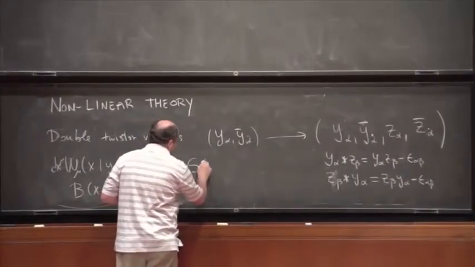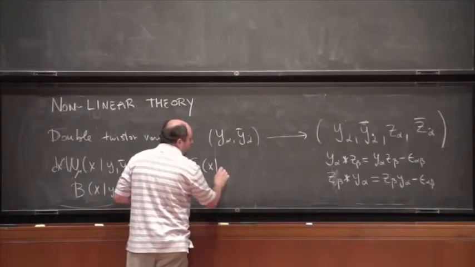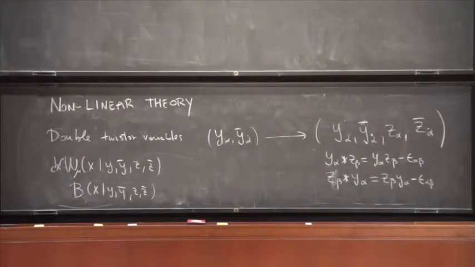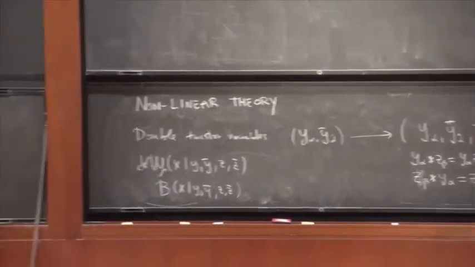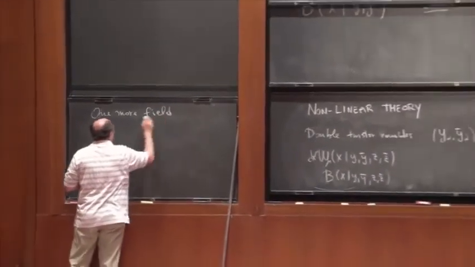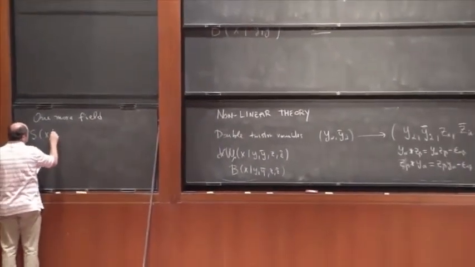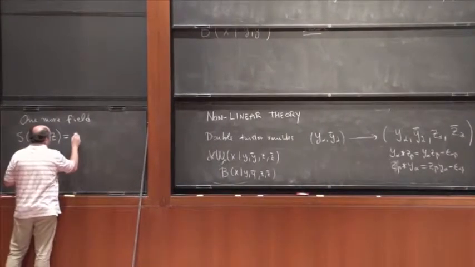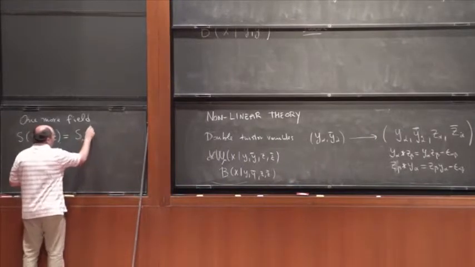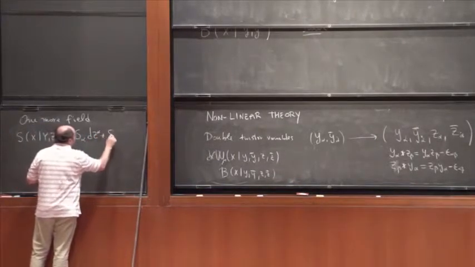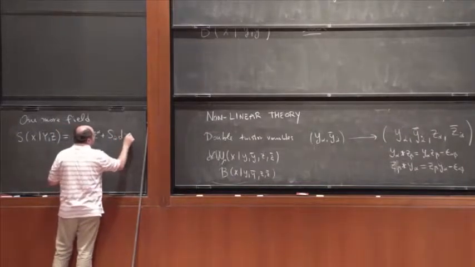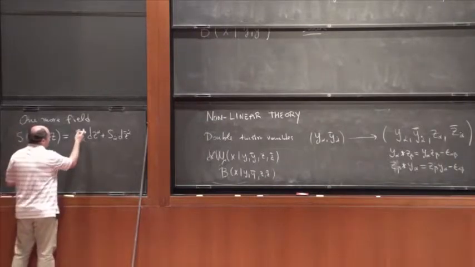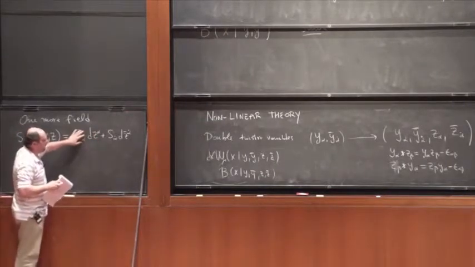This extra field is usually called S. So one more field that we need is S, a function of x, y and z, and this S is a one form in this auxiliary space. Otherwise, these components, as all the other fields, depend on x, y, and z.